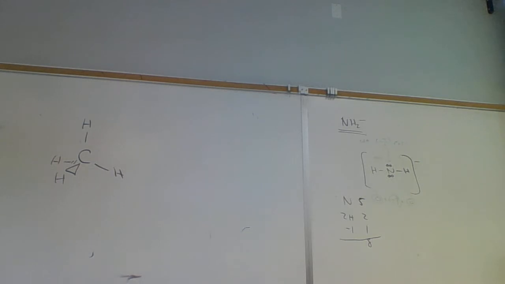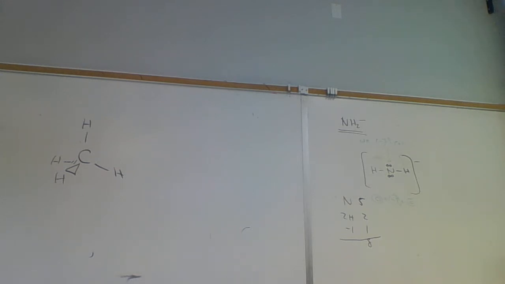But what would the oxidation states here be? It's winner take all. Remember, oxidation states are winner take all. Yeah, that's right. And so the carbon would be what? +4 or -4?